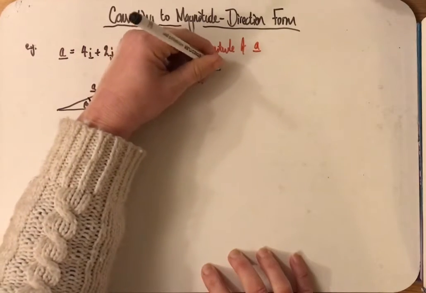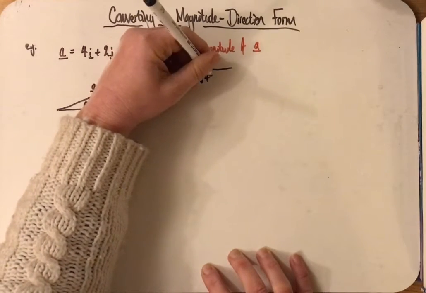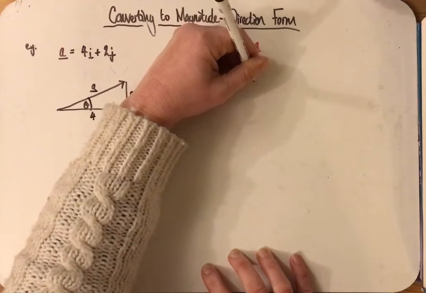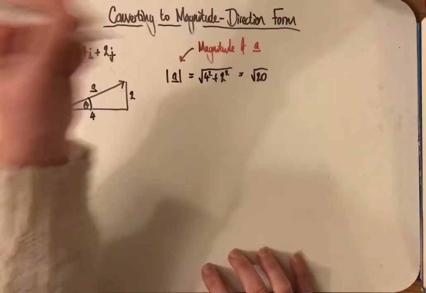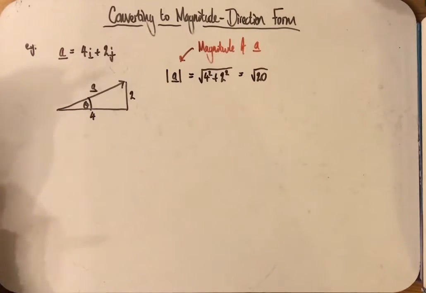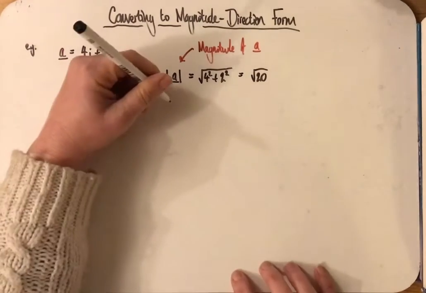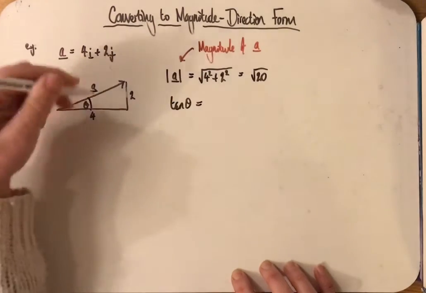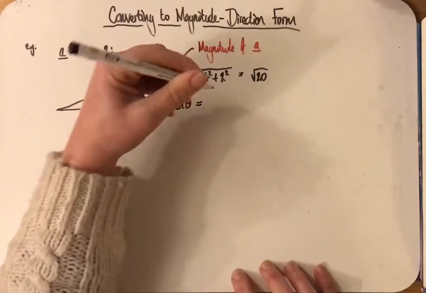So square root of 4 squared plus 2 squared, which is equal to root 20. And then to find this angle, we're going to use trig, so we know that tan of theta is equal to opposite over adjacent.